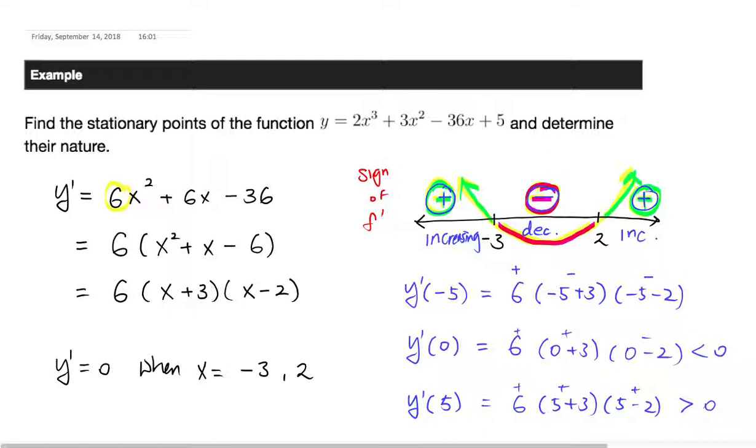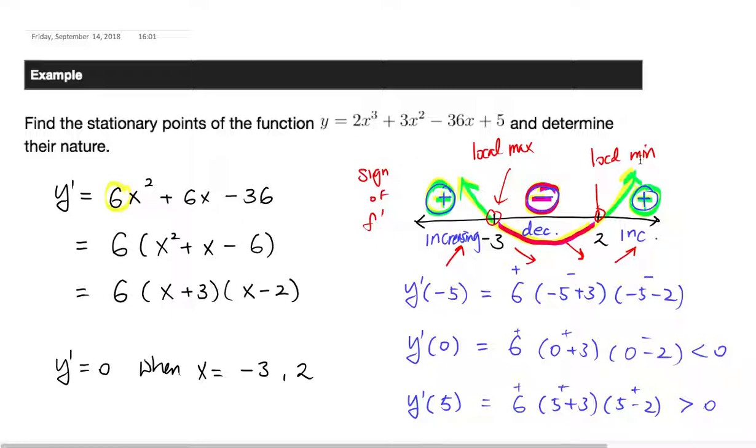And because I have a graph that is increasing to the left of negative 3 and decreasing to the right of negative 3, I will have a local max at x equals negative 3. And the graph is decreasing to the left of 2 and increasing to the right of 2, so I will get a local minimum at x equals 2.